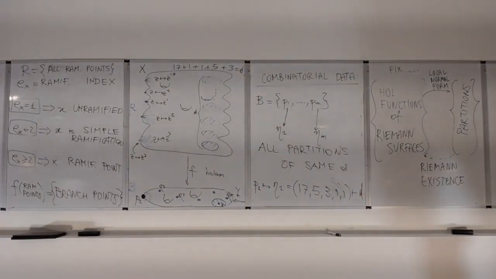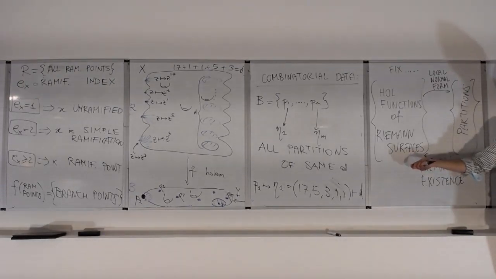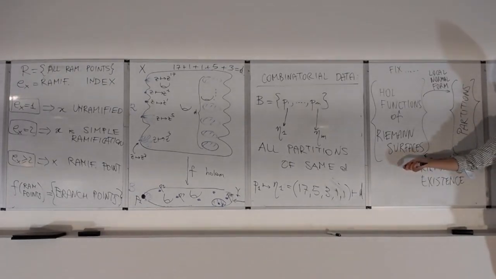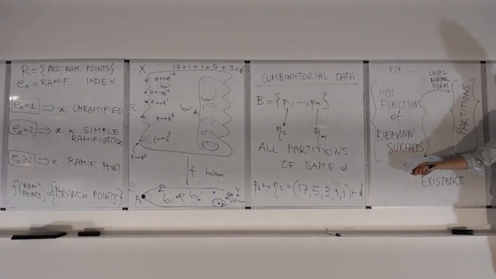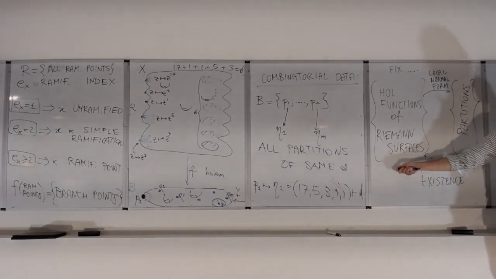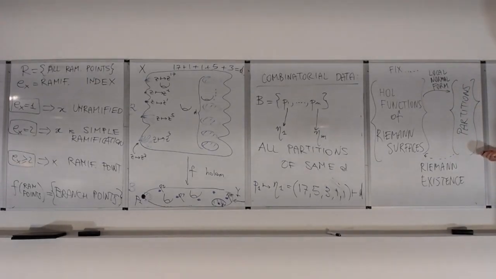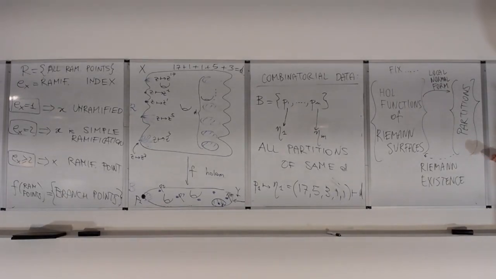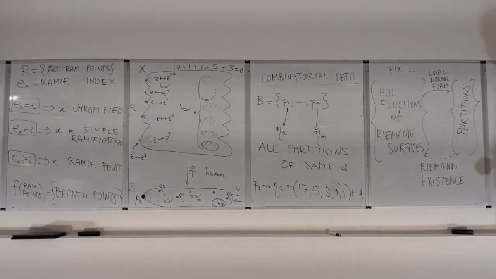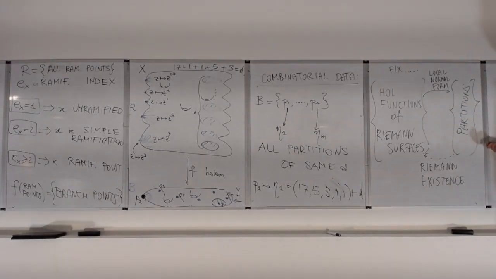Because we started with something geometrical, which was in principle very hard to handle. I wouldn't know how to deal with this for high genus, high ramification, and so on. It's very complicated. But now we have a recipe to associate something combinatorial to it, and now we can do computations. We took a geometric problem, and now it's a combinatorial problem to some extent.